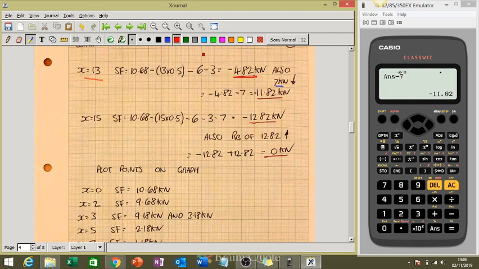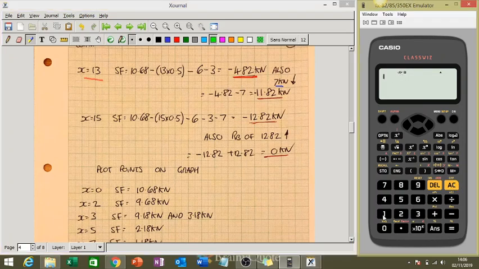I'm doing colour. 10.68 coming up, 15 meters of my UDL coming down, point load, point load, point load. Gives me that. So just to make sure, 10.68. Take away 15 meters of the 0.5. Take away 6. Take away 3. Take away 7. Gives me minus something, 12.82.